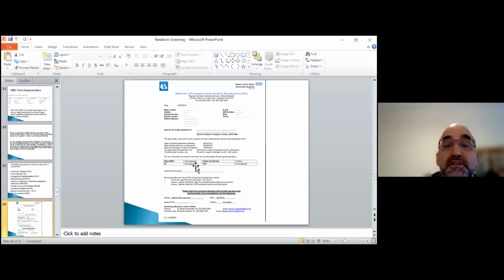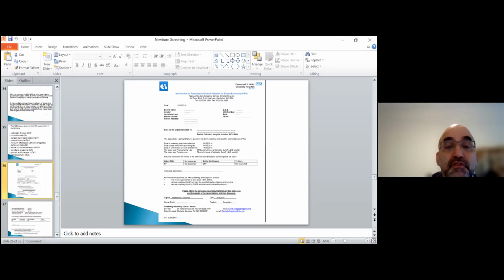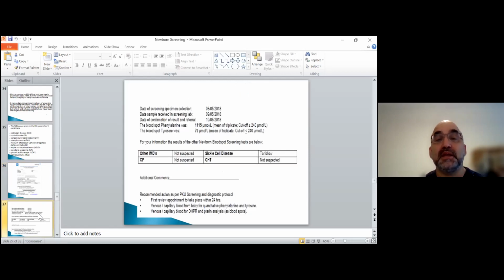Some of the other diseases are not detected here, but PKU is, and we have the levels on the letter to the clinician. Obviously, we speak to them first before referring, so they have the level. I've made it a bit more readable here. We give them the phenylalanine level, which is very high, above 1,000, probably complete enzyme deficiency, and the tyrosine as well. It has to come with low tyrosine to confirm that it is PKU, otherwise it could be other conditions.